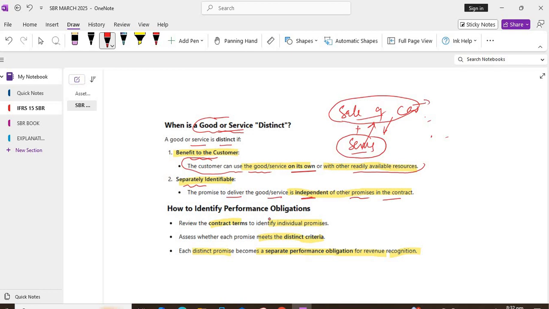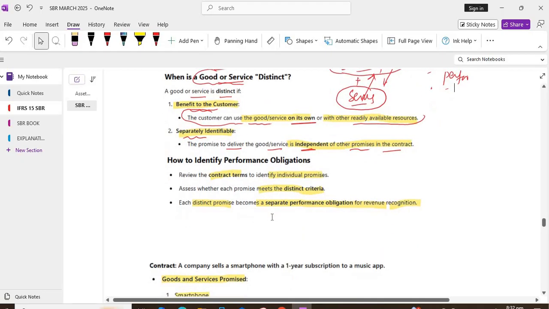That is why we consider these two POs, meaning performance obligations, because the customer can benefit from these goods or services, plus these goods or services are identifiable separately. They are independent of other promises in the contract. Clear?